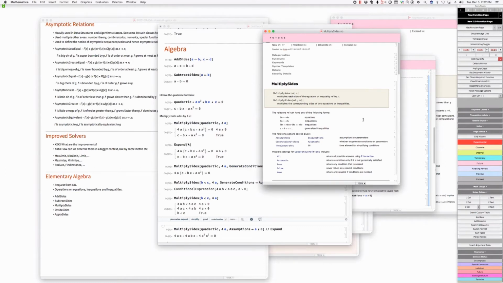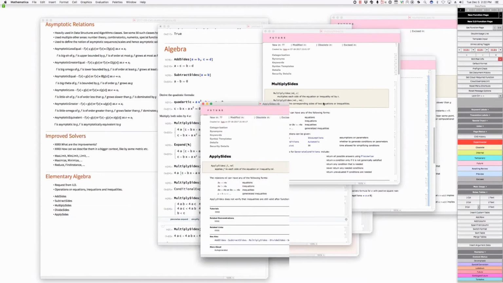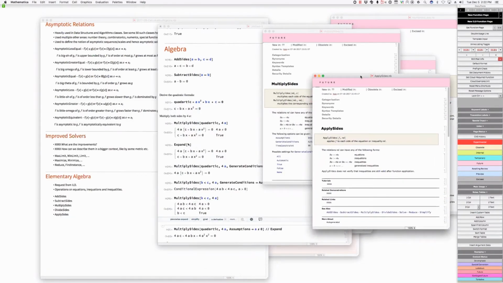Apply sides is both simpler and a bit of a gotcha, in that it just blindly applies the function structurally and doesn't think at all about the mathematical correctness thereof. So it's just like a map onto the two sides. Right. Only it understands things like equations and inequalities and piecewise things and whatnot.